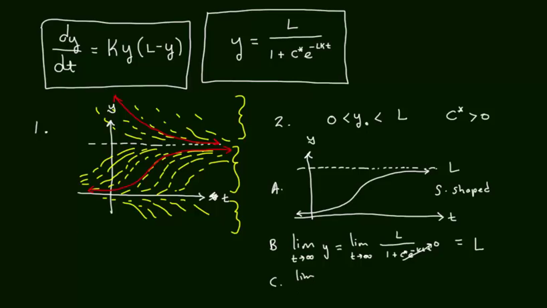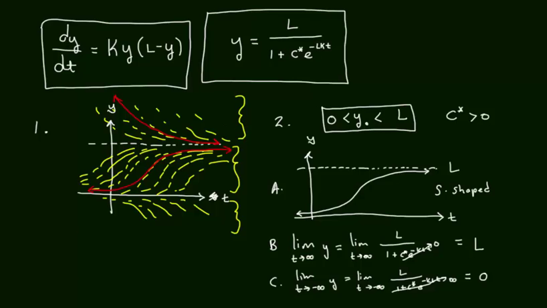Now in part C, the limit as t goes to negative infinity of y would have the denominator getting large without bound, so the denominator would go to infinity, leading to a limit of 0. So both of those are consistent with the graph above. And again, that comes with the condition that y naught is between 0 and L. If y naught is bigger than L, then we have this graph over here, and y naught less than 0, we have the graph over here.